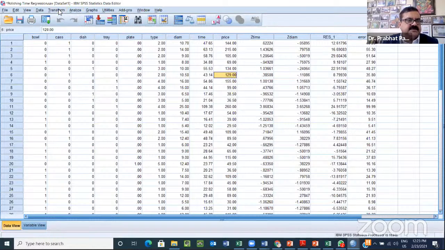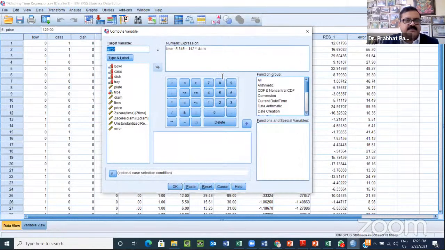So we go to transform, we go to compute, time minus. It will not be minus, it's actually going to be a plus 1.955.